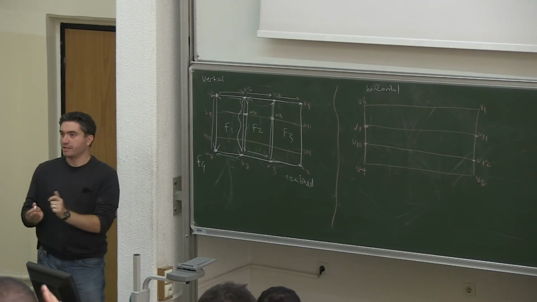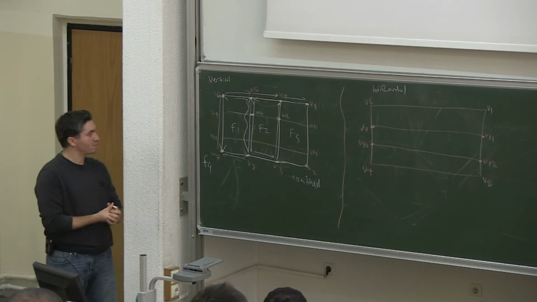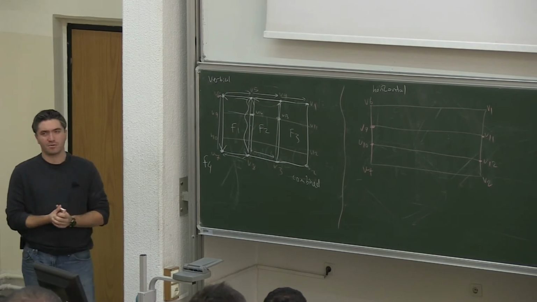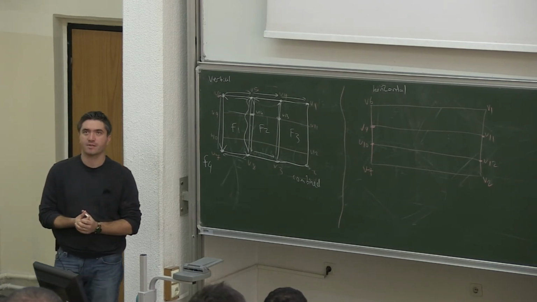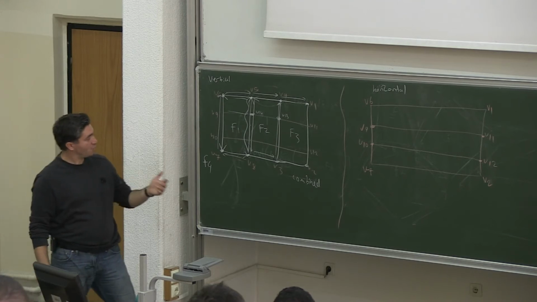So I'm going to describe the algorithm in two separate phases. And actually, it also comes with a third phase, in which, after we found the faces, we need to handle attributes.